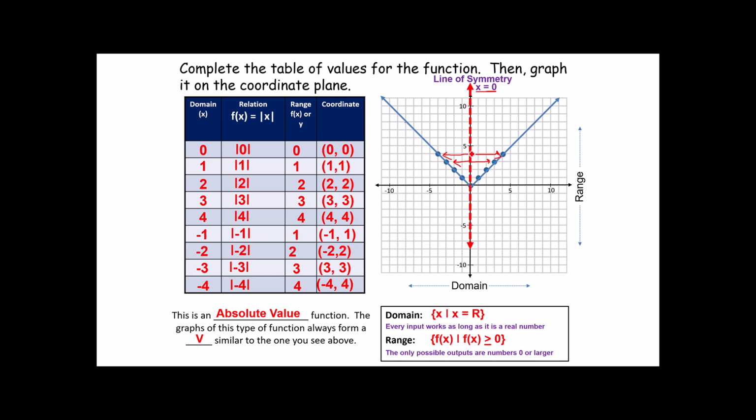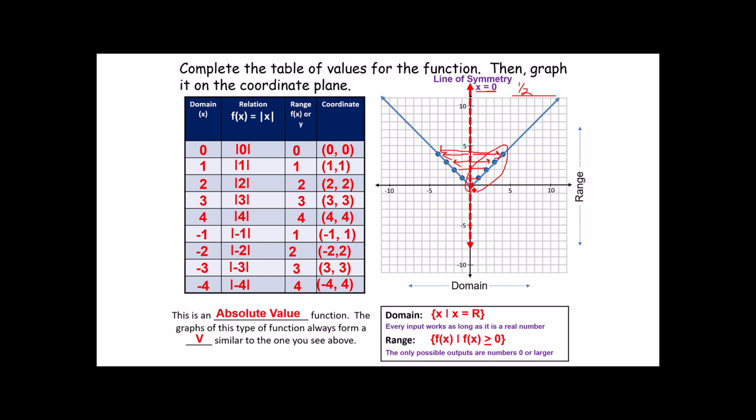But if I knew there was a line of symmetry in the middle, I could just graph one side and then flip it over and get the other side for free. The effect of the line of symmetry is it cuts our work in half because once we know where that line of symmetry is, we can use the mirror to reflect these points over to the other side. Saves you a lot of trouble.